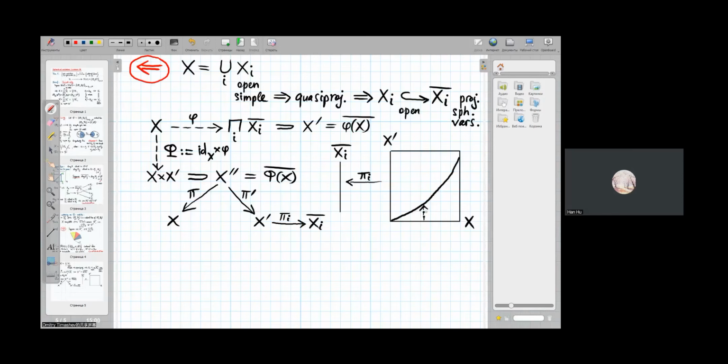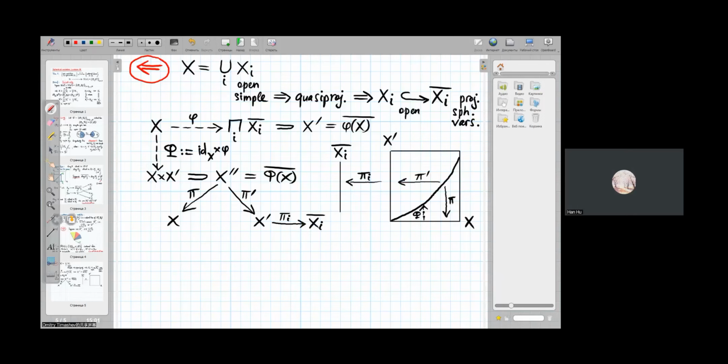So let this dashed arrow denote the rational map phi, so that the inverse map, this one, is the projection pi, and this map is the projection pi prime. This is the picture of all things which we consider.